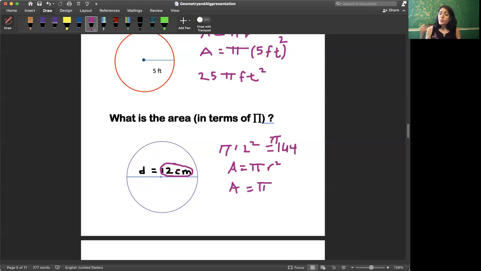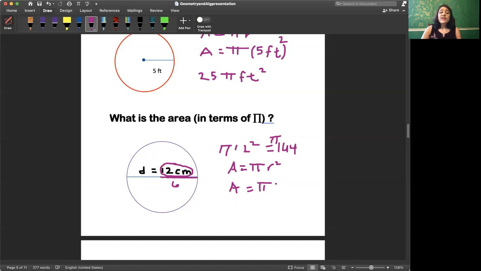No, so we just grabbed numbers and we threw them in. And it's important because on standardized tests like the SAT and ACT, they trick you that way. So you can't always just grab the numbers and put them in. Your answer will be there in the multiple choice, but it will be wrong. So remember, we're talking radius, which is half the diameter. So that will be 6.